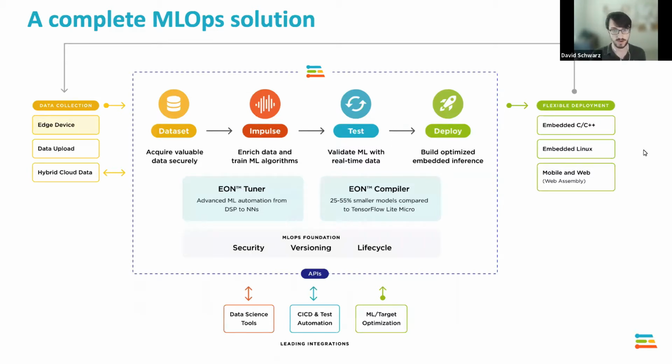Once you have that data, we have tools that let you analyze and see what you have, maybe find gaps in your data collection process. And then from there, we have what we call the impulse, which is a combination of the data pre-processing steps to take your raw data and get it into the form that your machine learning model will accept as input, and then the design of the machine learning model itself.